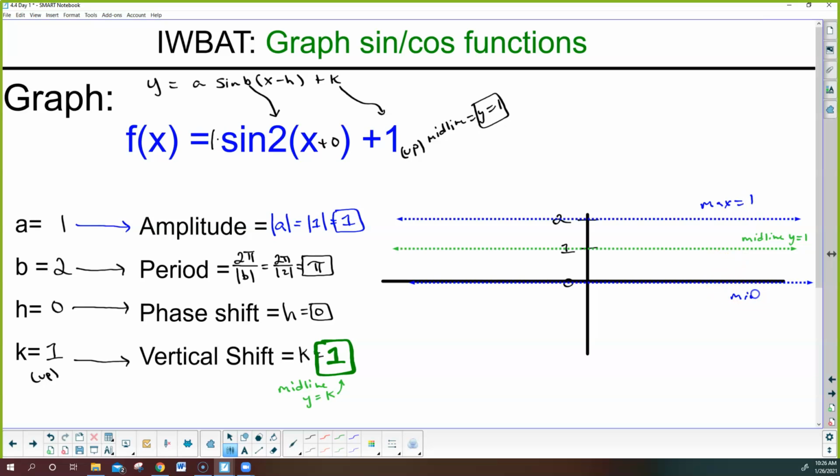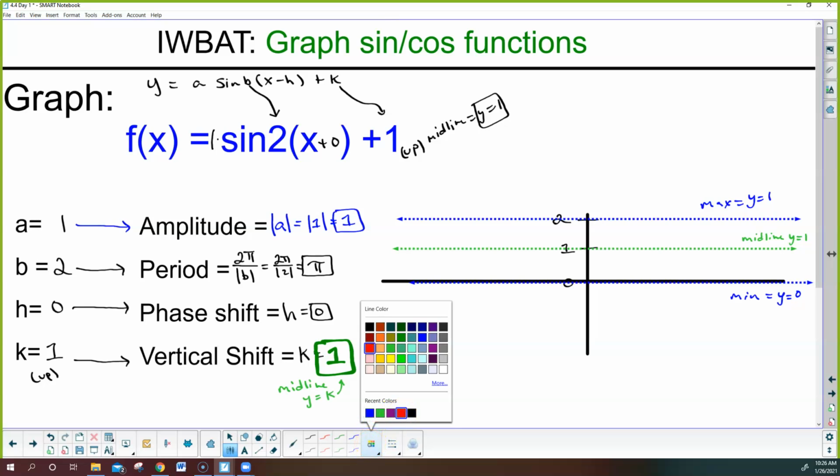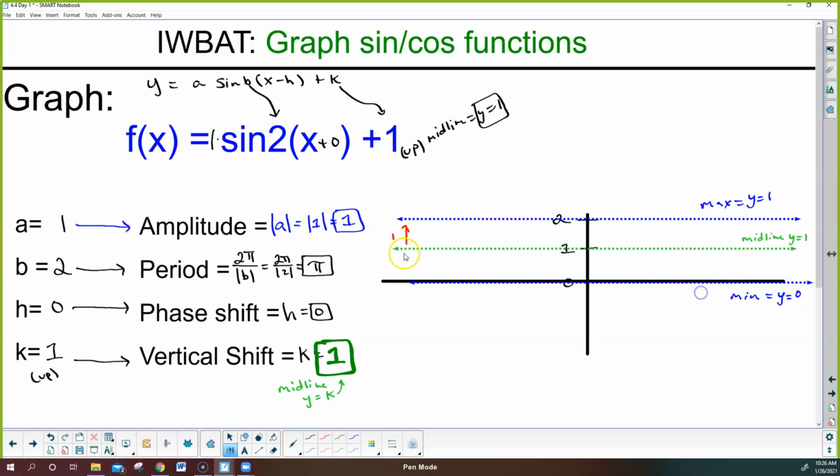And my min is at y equals 0. So notice, our amplitude tells me how far up I go from the midline. I went up 1, or I went down 1, but they consider that to just be positive. So there's my amplitude.